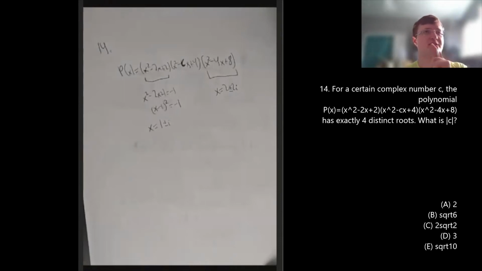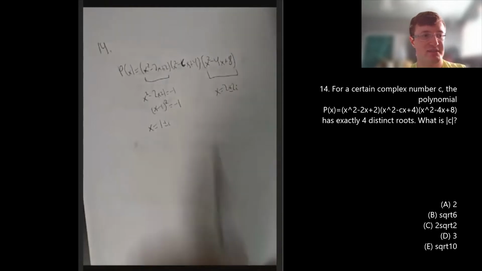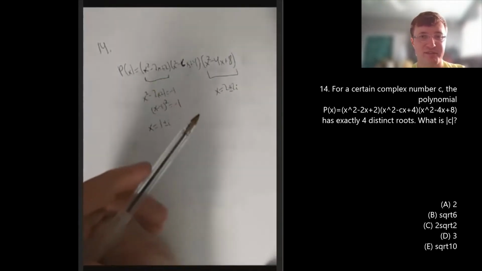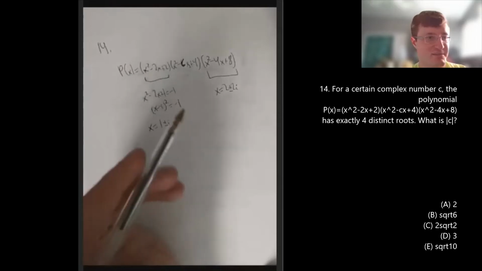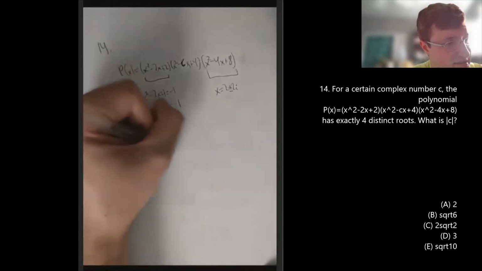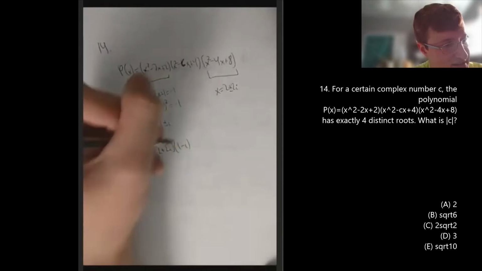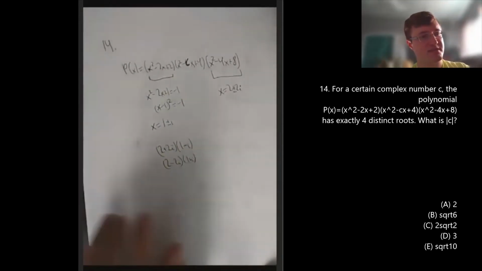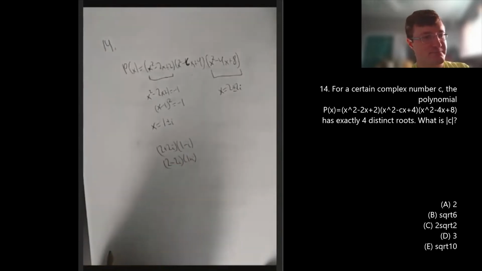Okay, so if there are only 4 distinct roots, I already have 4. So I need 2 of them to put in here again that will multiply to 4. So I think the only options are 2 plus 2i and 1 minus i, and 2 minus 2i and 1 plus i, because those, will that work?